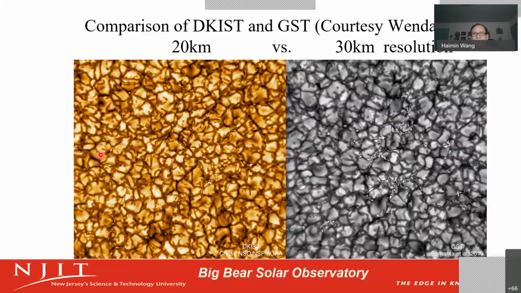This is provided by Professor Wenda Cao. As you all know, DKIST has obtained first light. This is from their press release. We compare their image with a typical image at Big Bear, which at this moment has a resolution around 20 kilometers versus Big Bear's 30 kilometers.